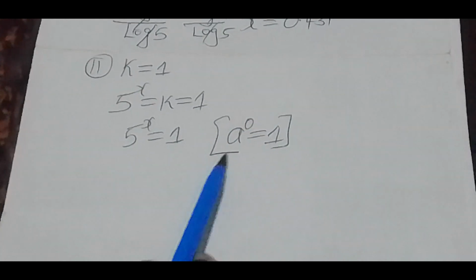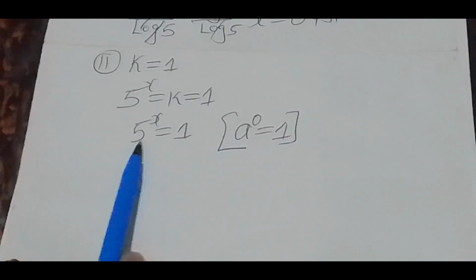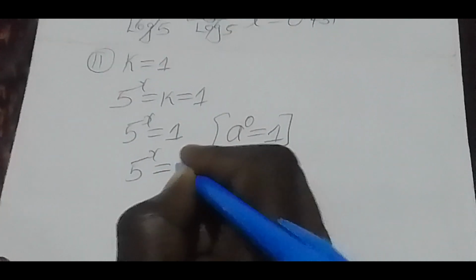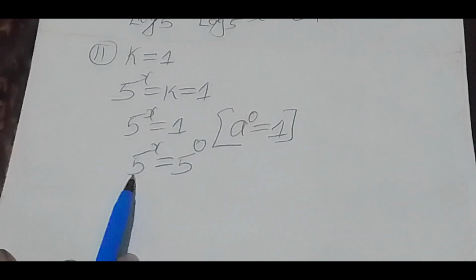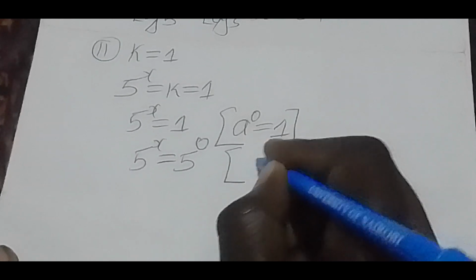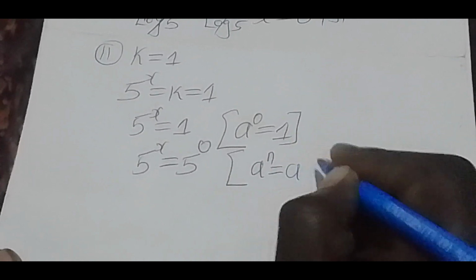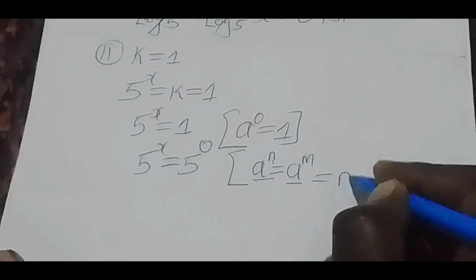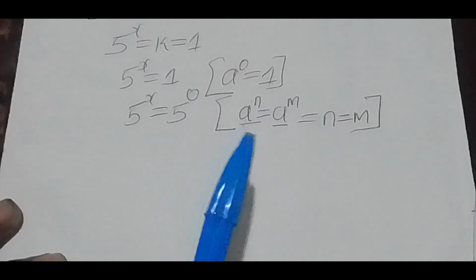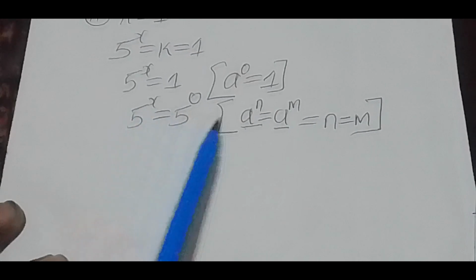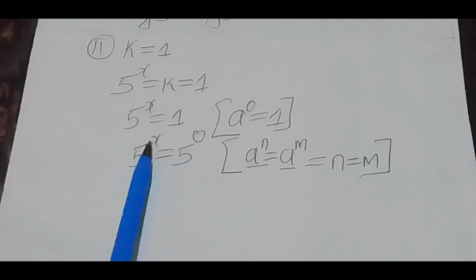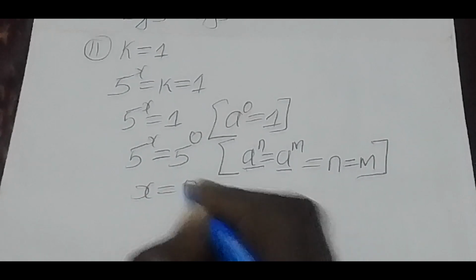So we can write this 1 with a base of 5, so that 5 raised to power x is equal to 5 raised to power 0. And since the bases are common, we are saying that if a raised to power n is equal to a raised to power m, we just consider the powers, so that n is equal to m. So we have 5 raised to power x equal to 5 raised to power 0, and since the bases are common, that means that x is equal to 0.